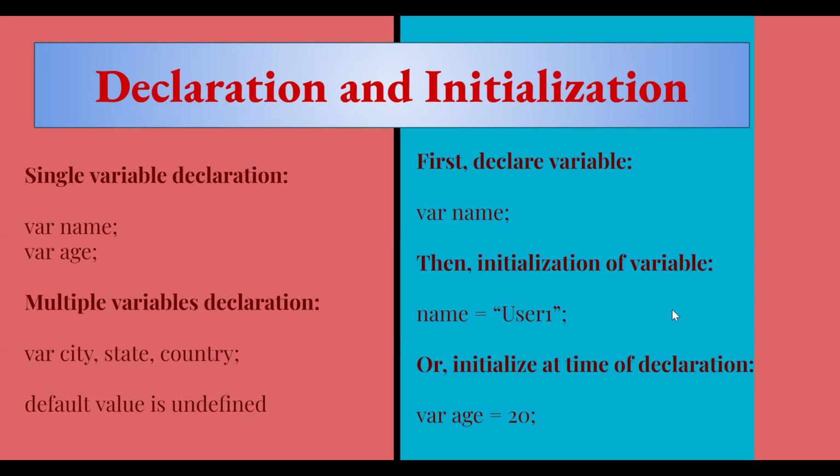Another way is you can assign the value at the time of declaration also. For example, var age equals 20. You should not redeclare same variable twice. If you do not assign any value at time of declaration, then its default value will be undefined.